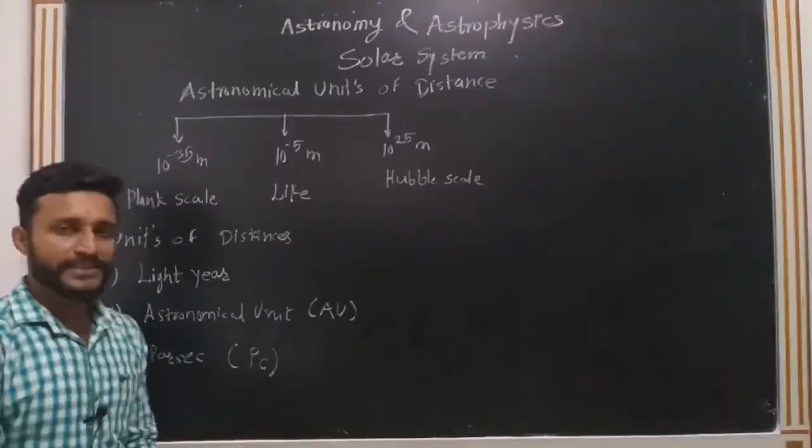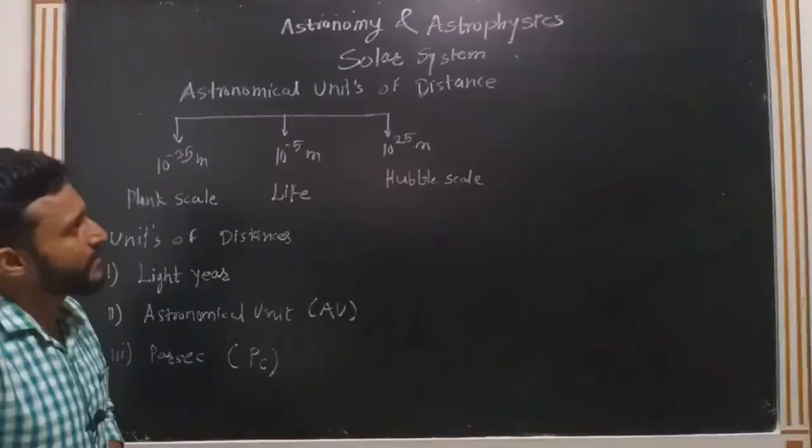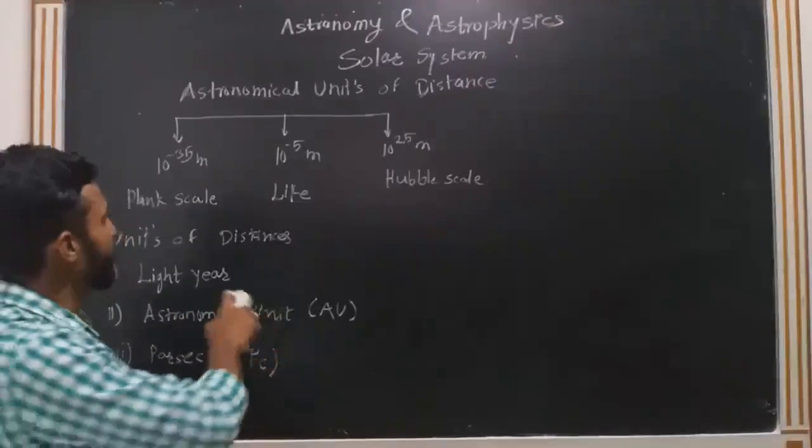These are the units of distances in space, or astronomical units, we can also say. So let's see what exactly a light year is.